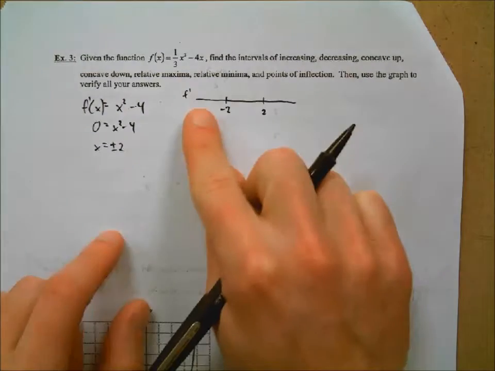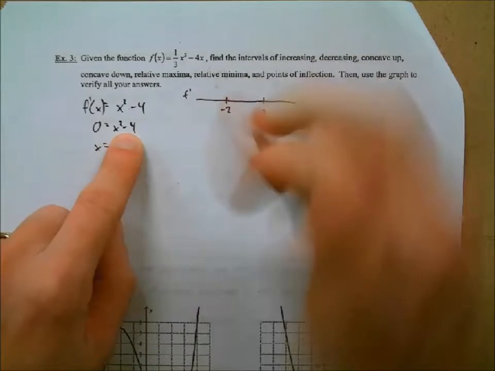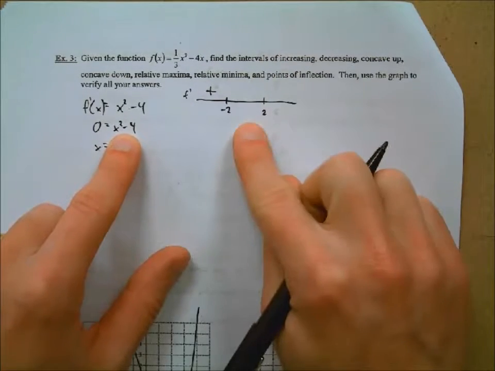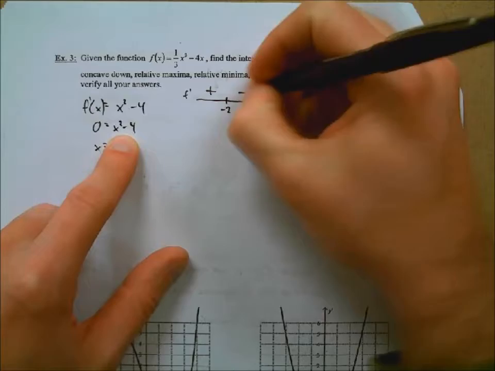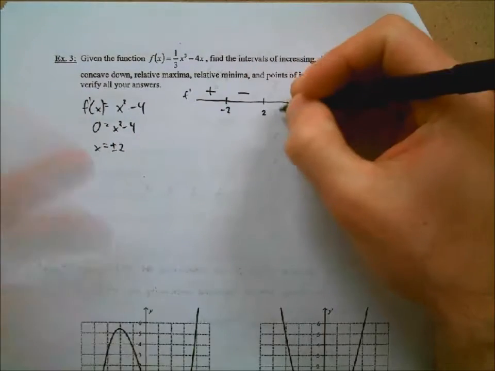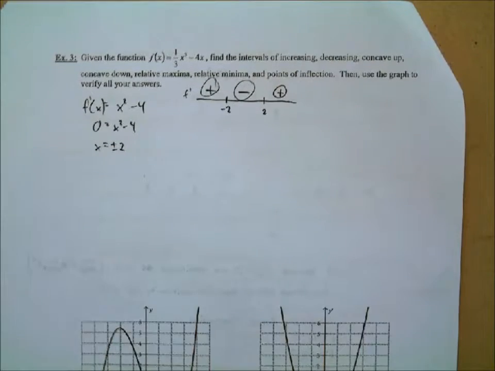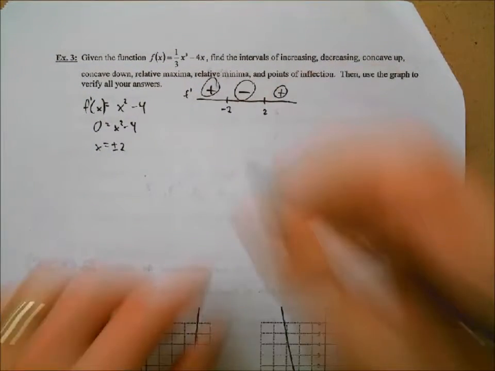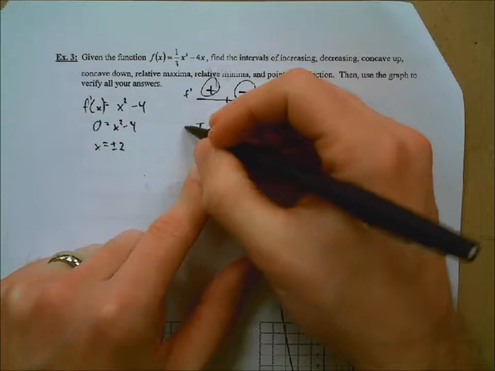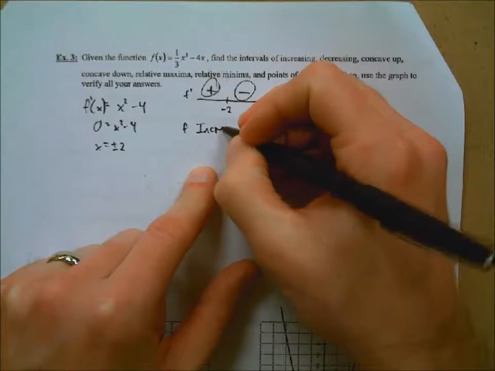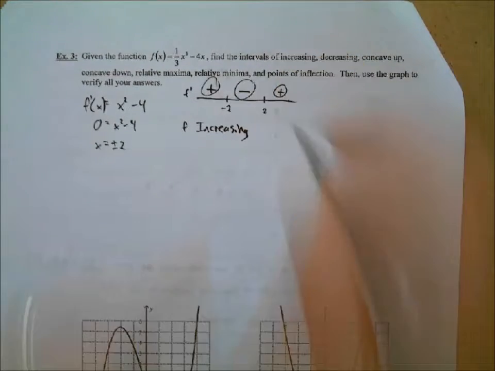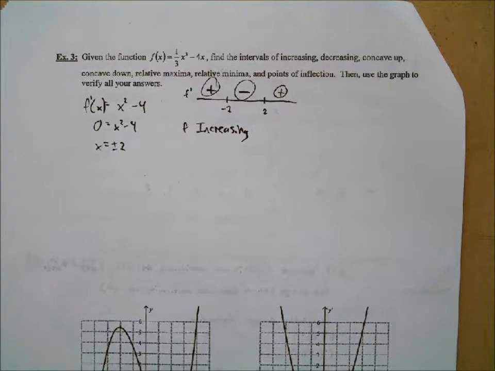Like negative 3 squared is 9, minus 4 is going to be positive. 0 squared is 0, minus 4 will be negative. And then 3 maybe we'll say, again, 9 minus 4 is positive. So there's our intervals. So for f is increasing, f is increasing when our first derivative is what?